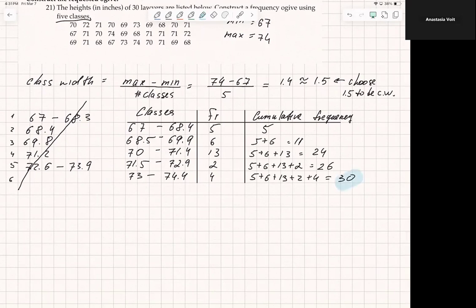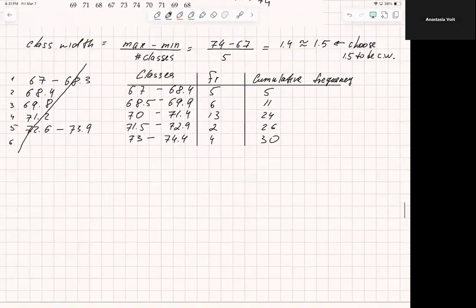So these are the values that we have for our cumulative frequency. Let me erase the calculation and just fill in the values. So we have 11, 24, 26, and 30, right? So now we are essentially done with the table.